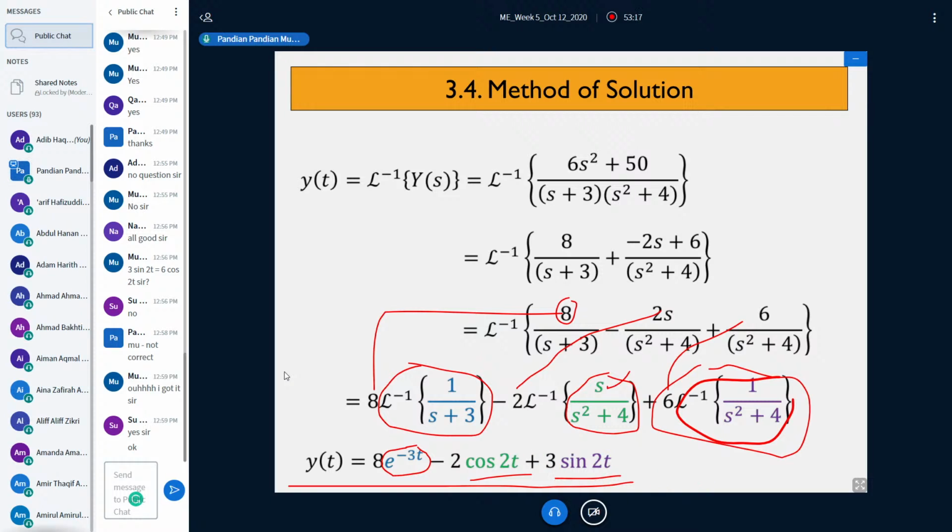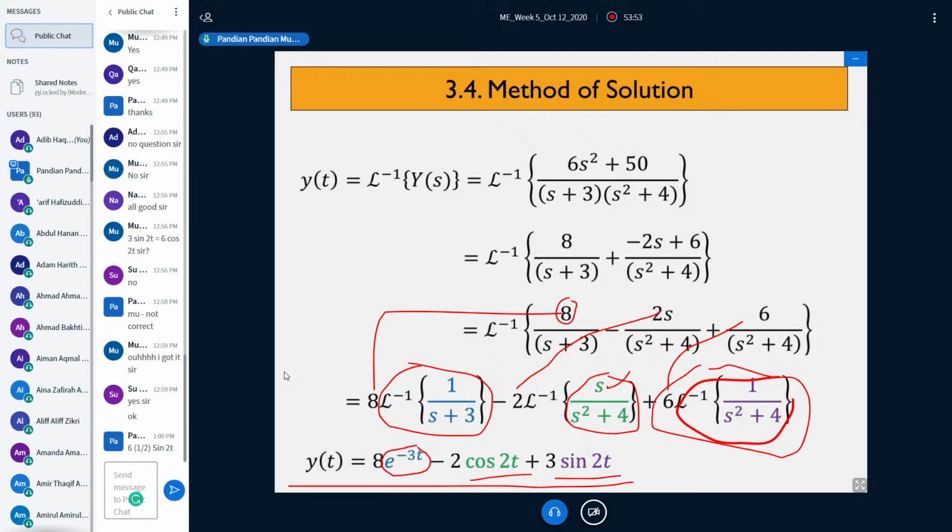But 6 divided by 2 is 3. 6 multiplied by 1 over 2 sine 2t, like that. 6 multiplied by half sine 2t.